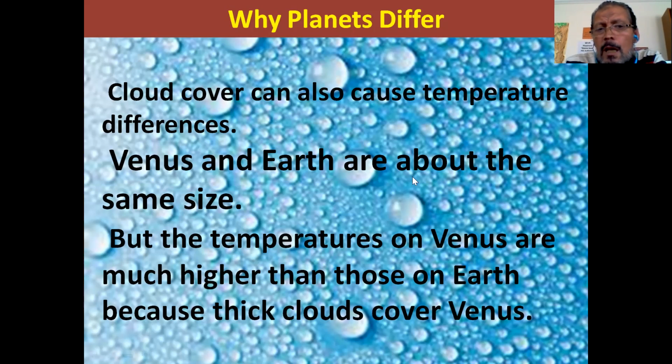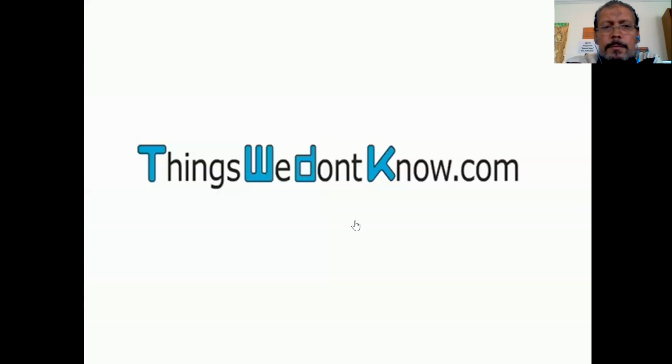Venus and Earth are about the same size, but the temperature on Venus is much higher than on Earth because thicker clouds cover Venus. Now we can watch another video to show important information.